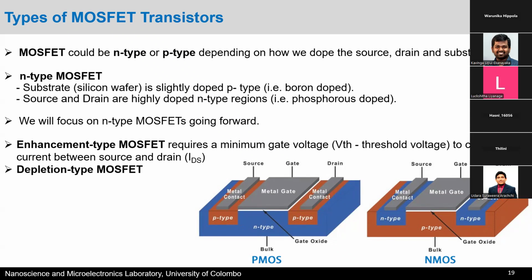And then there are two other types of MOSFETs, the enhancement type MOSFET and the depletion type MOSFET. But here we will only discuss the enhancement type MOSFET. So in an enhancement type MOSFET, the transistor is usually off, and to turn it on, you have to apply a minimum gate voltage that's called the threshold voltage.